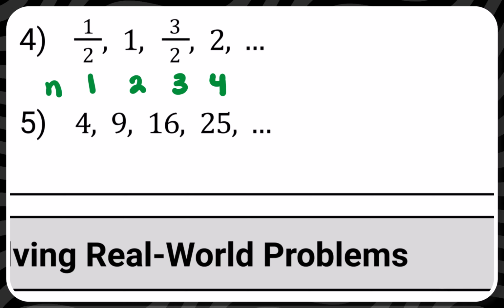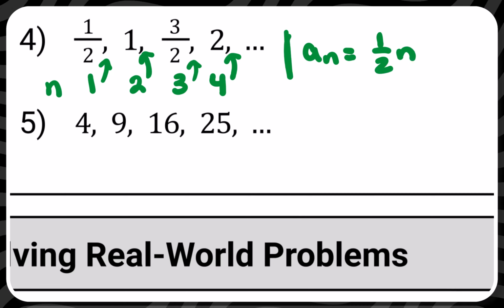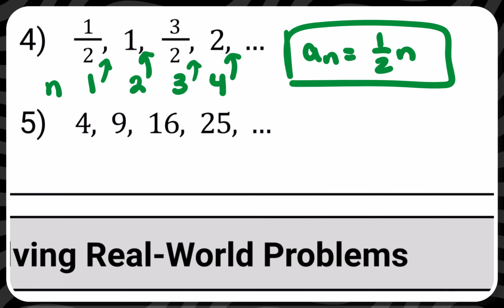Actually, if you just look at the whole numbers, it's easy to see it. It's not 2 minus 1 because 4 minus 1 is 3. So it's not minus. So do you see what's happening here? It looks like all of these numbers are half what n is. So how do you write half of n? Just like that. So that one really wasn't too bad. As long as you realize that it's half of n, you can write it like this. If you want to write it like this, you can do it like that too. It doesn't matter. But my final answer is going to be 1/2 n. Hopefully that one was a little bit easier for you.